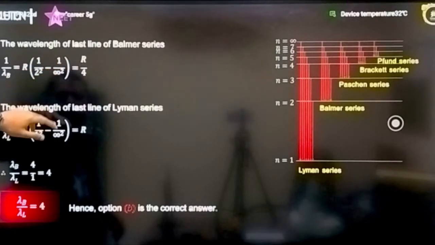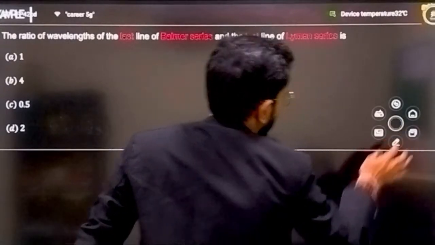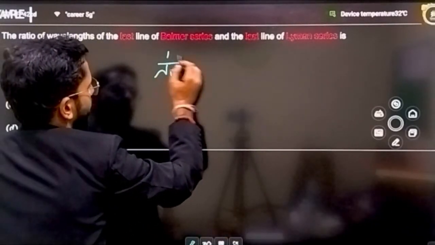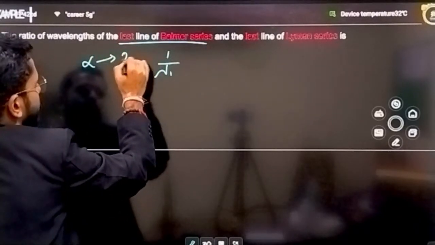It is 1 by lambda, no? Exactly, 1 by lambda 1, it is from infinite. For the last line of Balmer series, from infinite to 2.